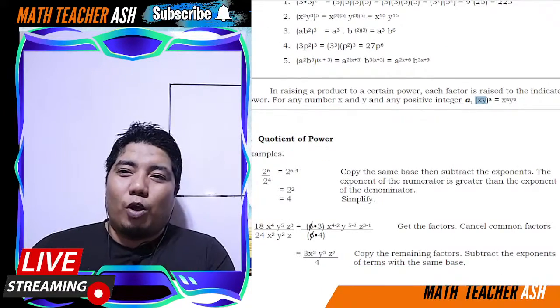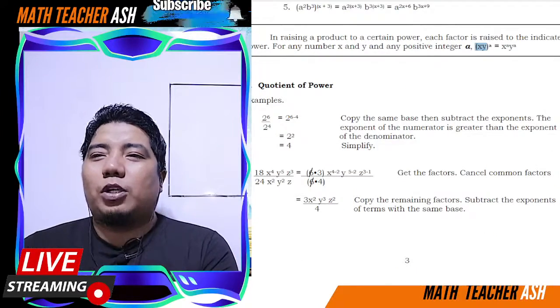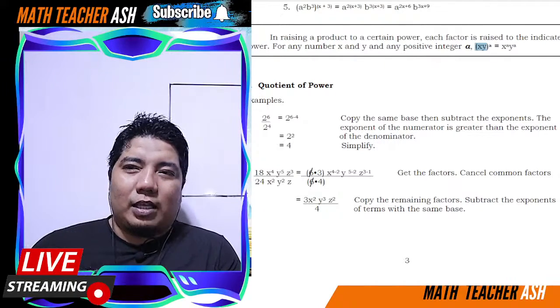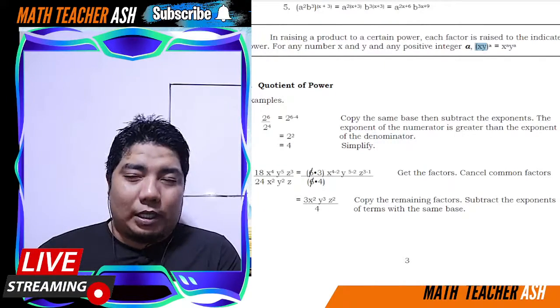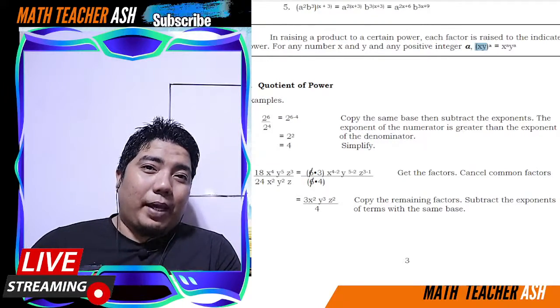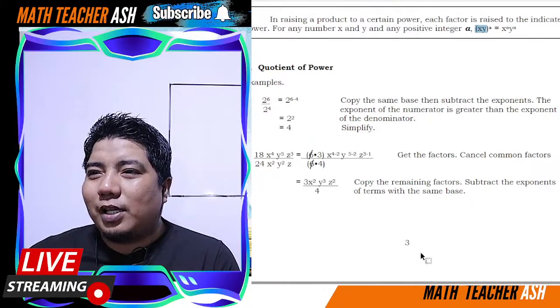Now, let us go to the quotient of powers. Of course, in the product of powers you add the exponents. In the quotient of powers, we do the opposite. So, we just copy the base and then we subtract the exponents. Okay, so how do we do this?